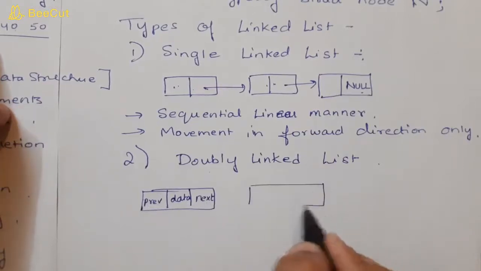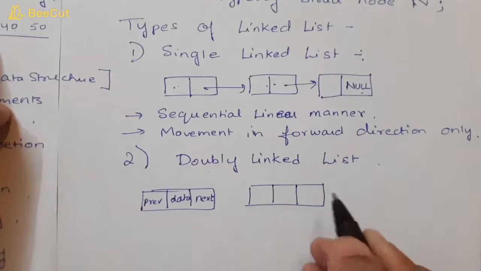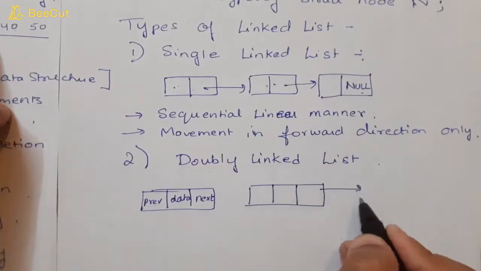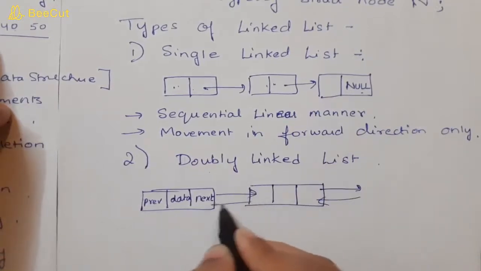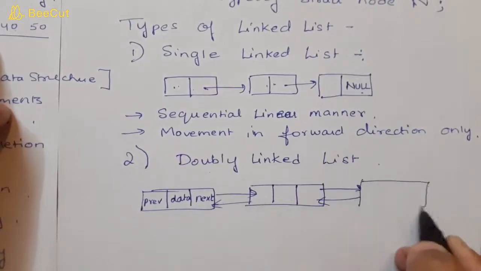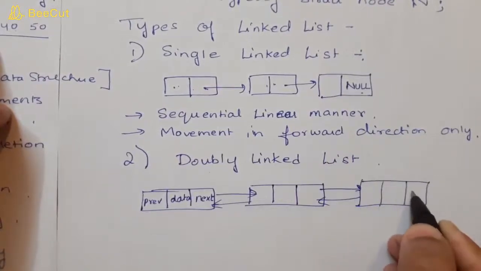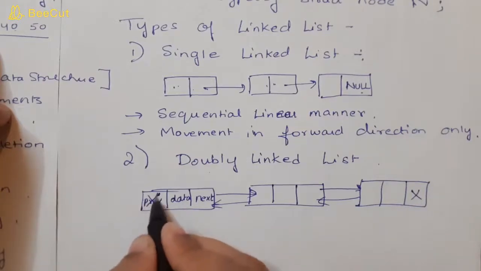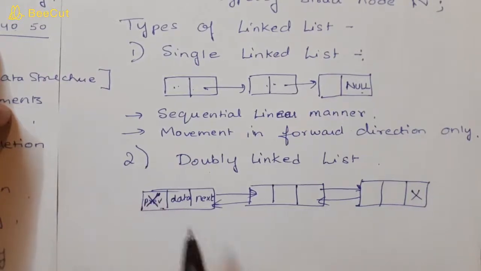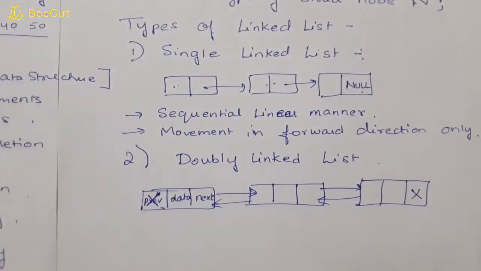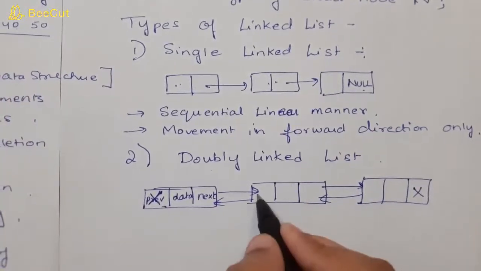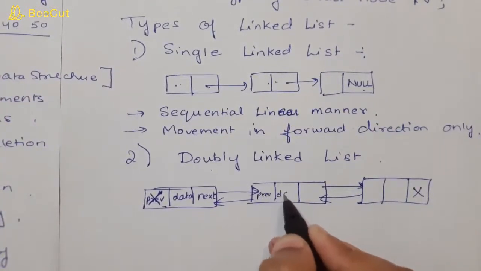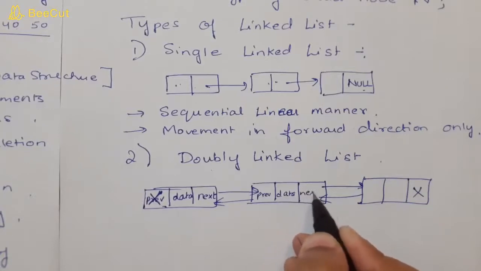Similarly for the next node. This will be null only because this is the first node. So you can see that every node has a previous, data and next field.